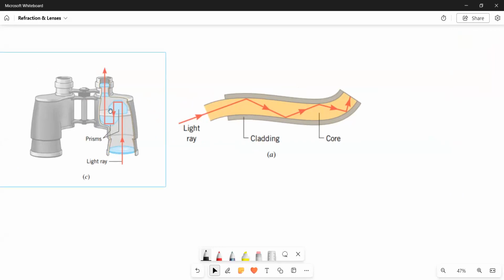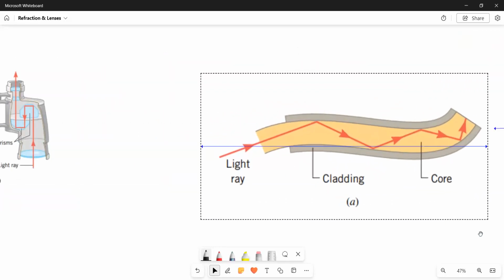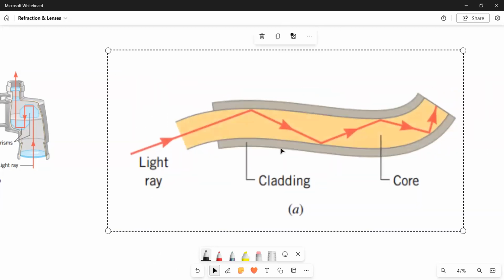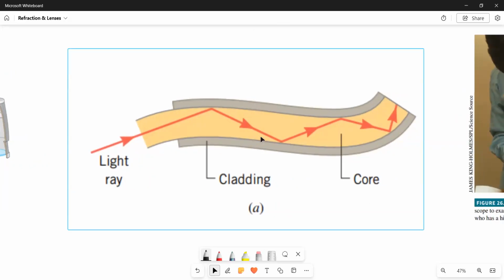And then this is the one I was talking about, the fiber optic cable now. The fiber optic cable that brings internet to your house. It's really a glass filament, you know.